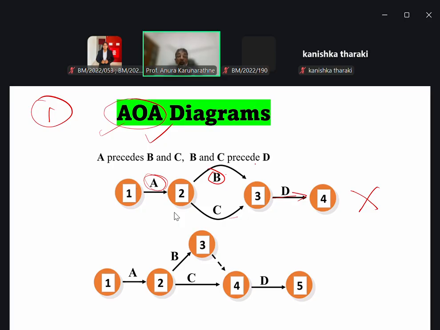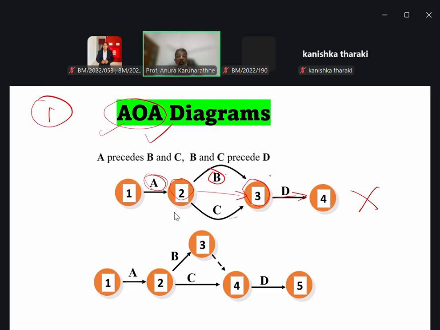This is a wrong diagram here, because within the same node we cannot draw two arrows like this. You can draw a single line, a single arrow. So you cannot put it in this particular way.